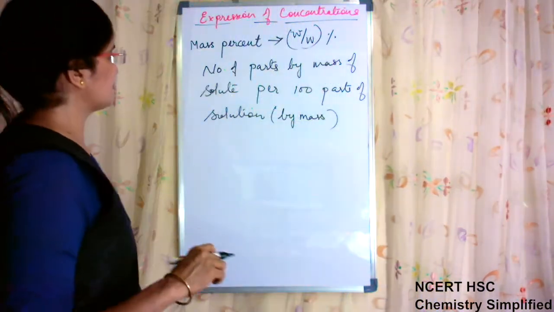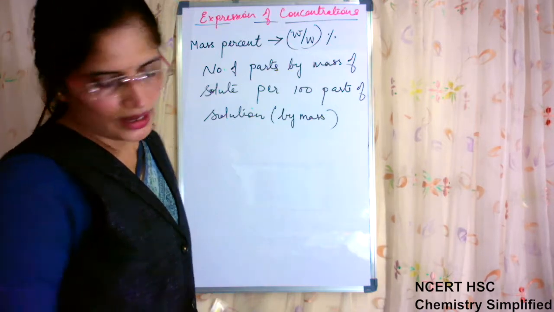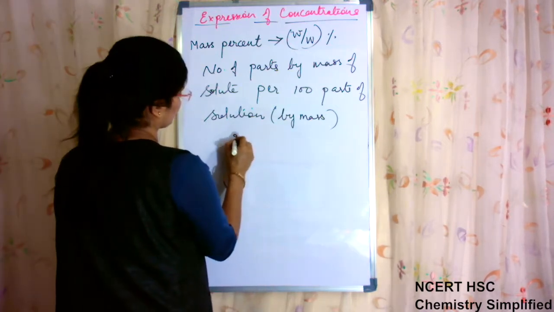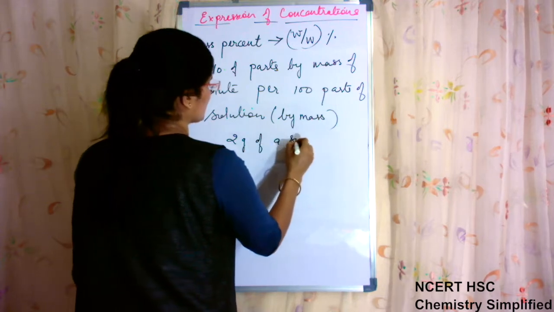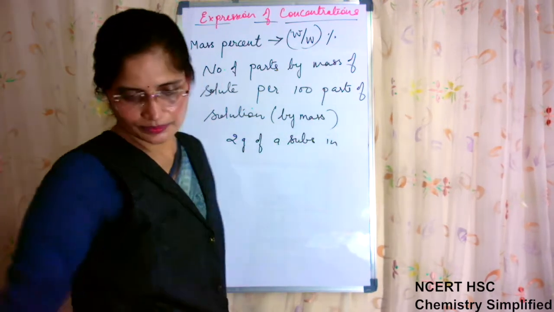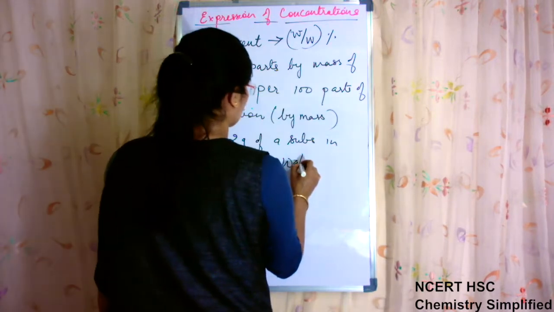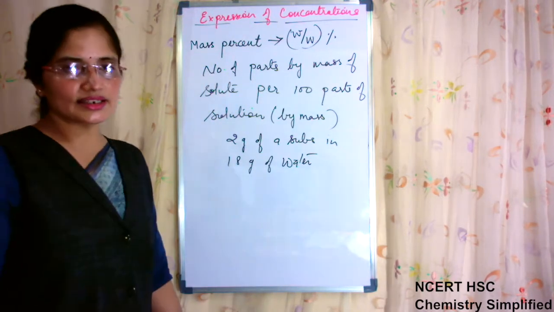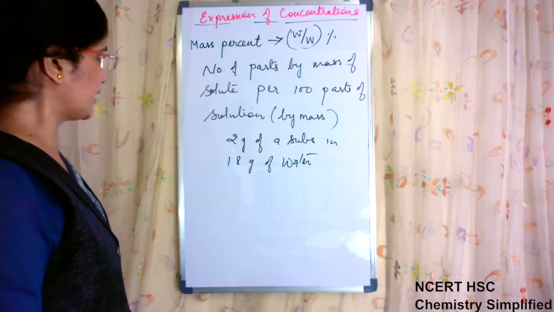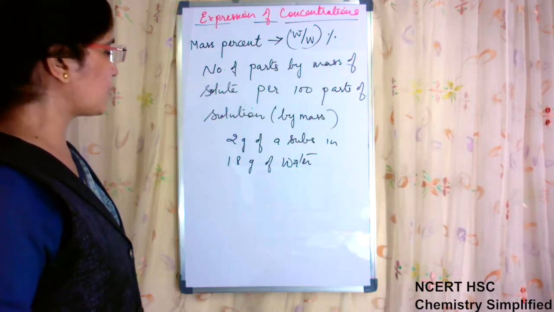A solution is prepared by adding 2 grams of a substance in 18 grams of water. Calculate its mass percentage, or you can say what is its concentration.